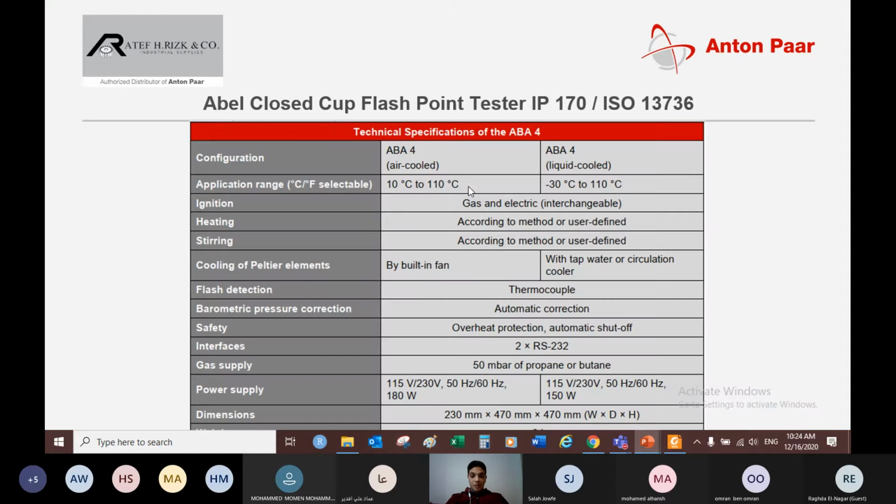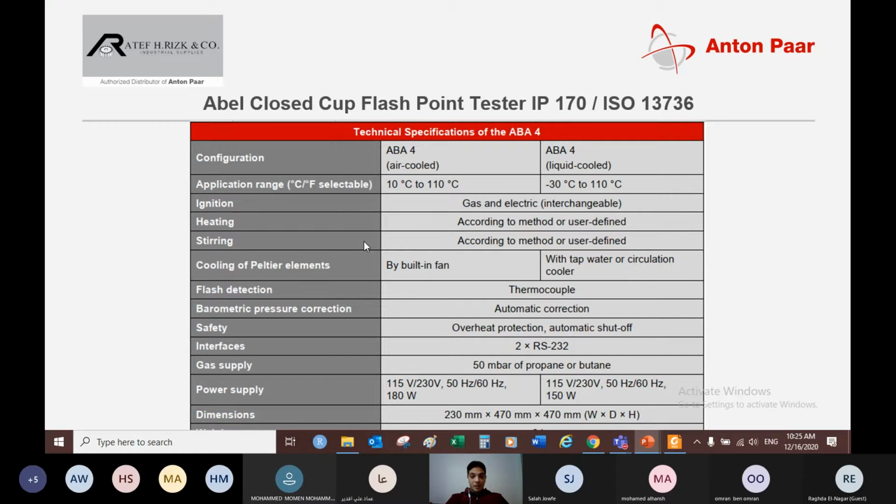These are the specifications. As we said before, below the ambient we need an external circulator. However, above the ambient up to 110, we use the air-cooled version. The ignition is gas and electric. In case the gas supply finishes, the electric igniter replaces it automatically.